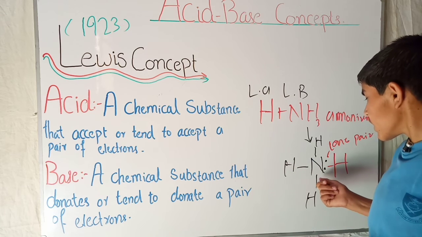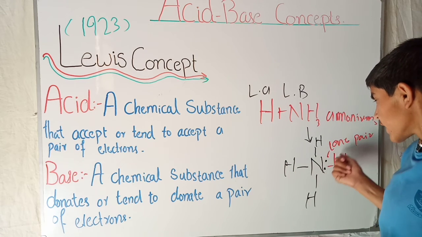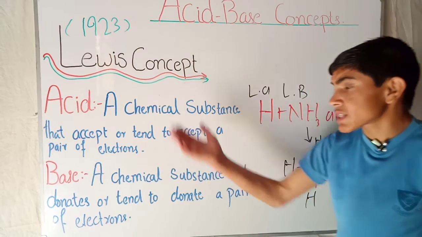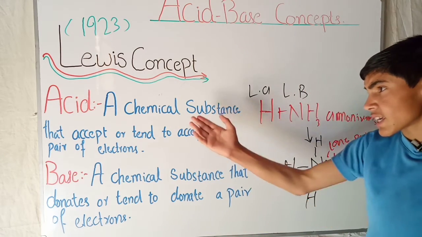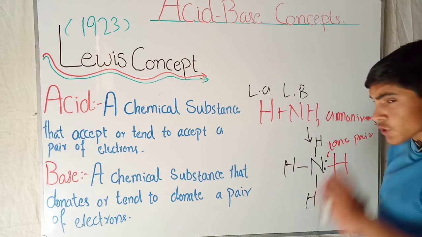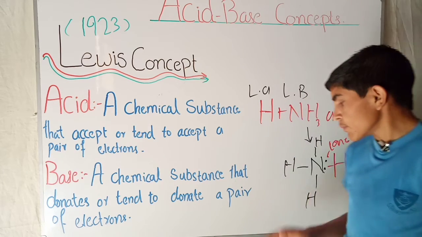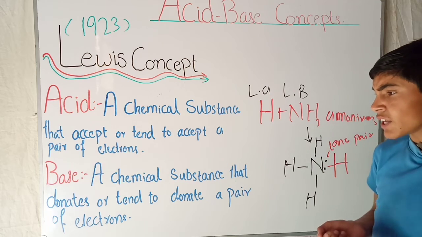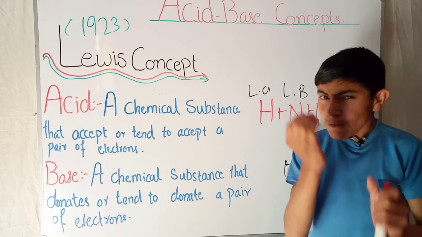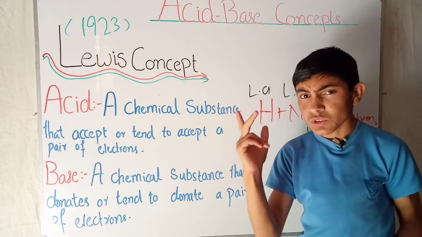So there NH3 works as a lone pair giver, so it works as a Lewis base, and the H+ works as a Lewis acid. It needs only a pair of electrons, so it receives the pair of electrons from the NH3. And bases are those substances which have a lone pair of electrons.